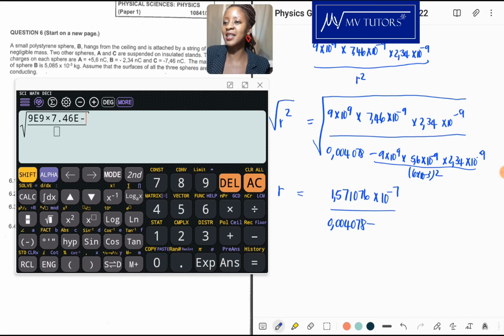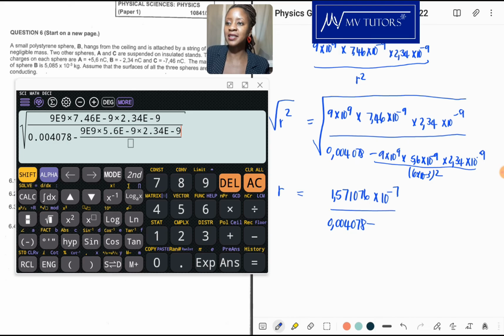7,46 times 10 to the negative 9 times 2,34 times 10 to the negative 9. Okay, cool. Then we have 0,004078 minus 9 times 10 to the 9 times 5,6 times 10 to the negative 9 times 2,34 times 10 to the negative 9 all over 6 times 10 to the negative 3, and that is squared.